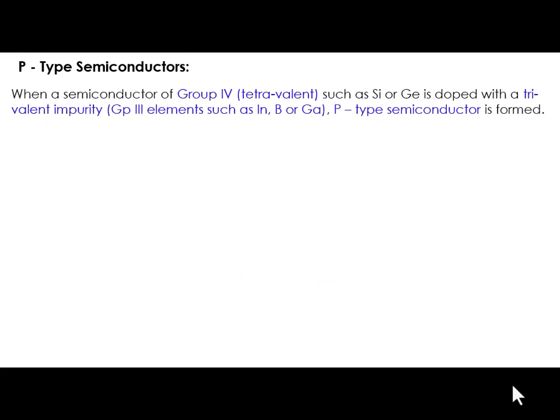Now let us discuss what a P-type semiconductor is. When a semiconductor of group IV, tetravalent, such as silicon or germanium, is doped with a trivalent impurity, group 3 elements such as boron, indium or gallium, a P-type semiconductor is formed.